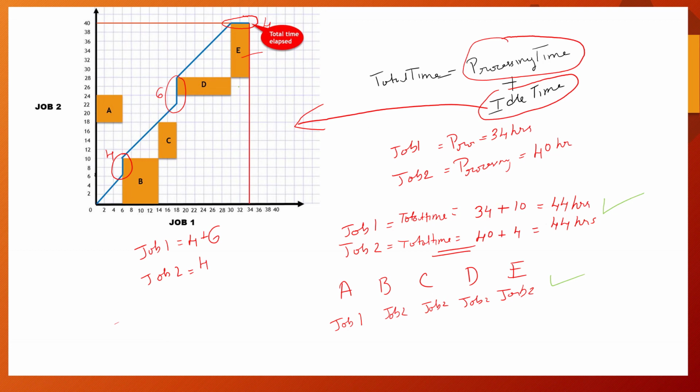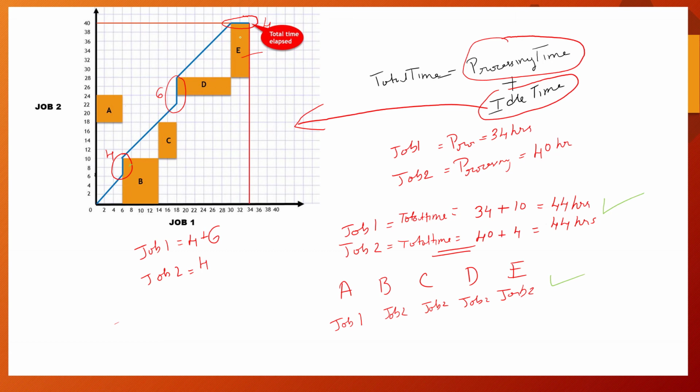So the steps are: plot a graph with a perfect scale, then draw the blocks of machines with the times. Be careful at this point. Once the blocks are done, draw a path. Try to draw the path having the least vertical or horizontal parts.